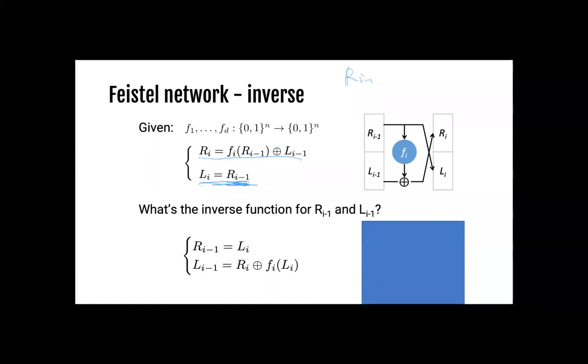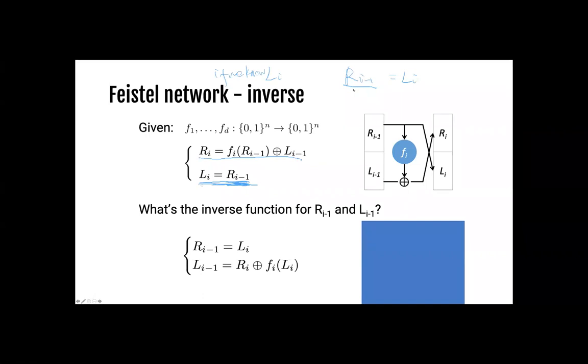So if we know Li, then Ri minus 1 is equal to Li, right? According to this equation. Did you get that? Yep. Cool. Okay, so now we know that Ri minus 1 is equal to Li.